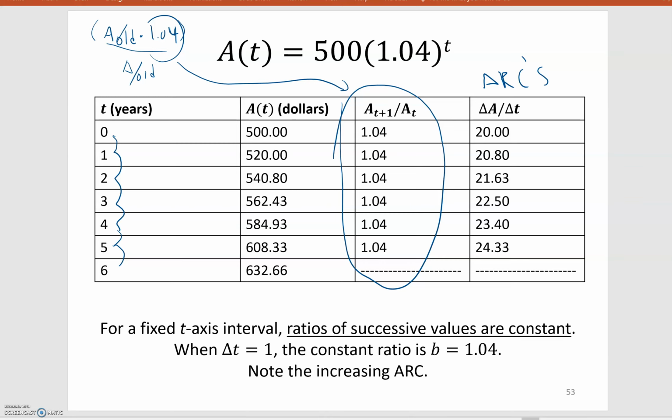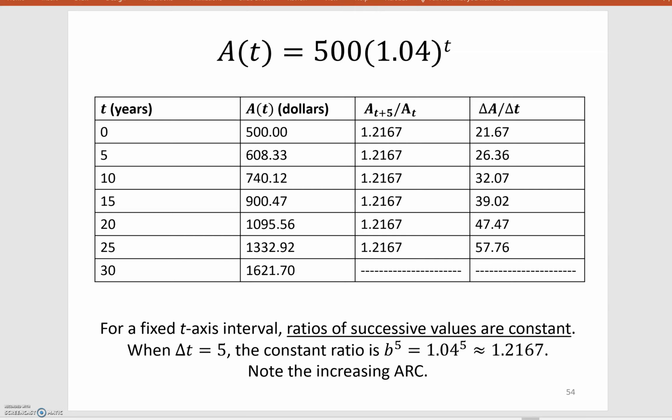So when you're looking at a data set and trying to decide whether or not it's exponential, this is really what you look at, is this ratio, and they need to be the same, okay? So maybe one more thing about the average rates of change. They're not constant, but they are increasing and positive, right? So we know that the function already is increasing and concave up, and that matches these numbers, okay?